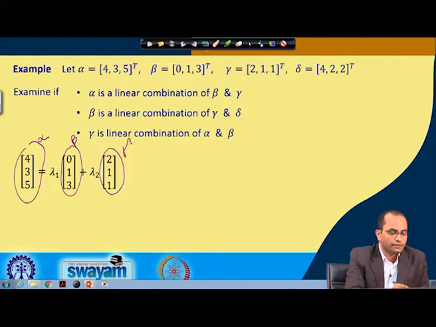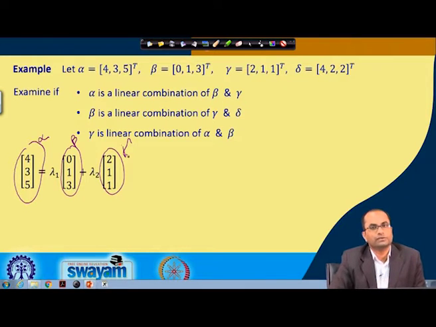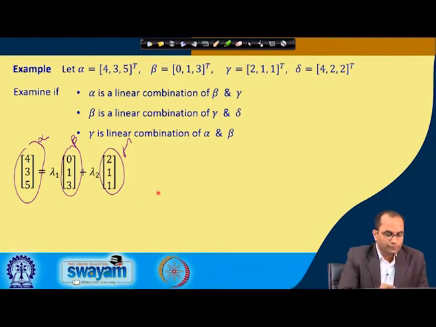If we can write down this alpha as lambda 1 beta plus lambda 2 gamma for some lambdas, then we will say yes, alpha is a linear combination of beta and gamma. So, to do so, we will check whether it is possible or not, and eventually we usually end up with a system of linear equations to answer all these questions.